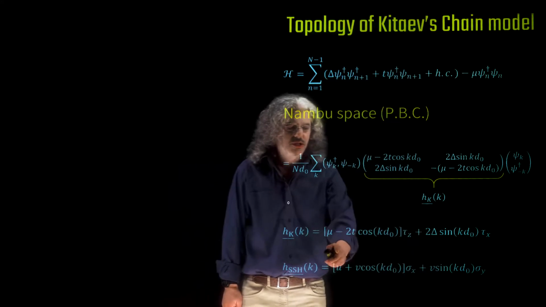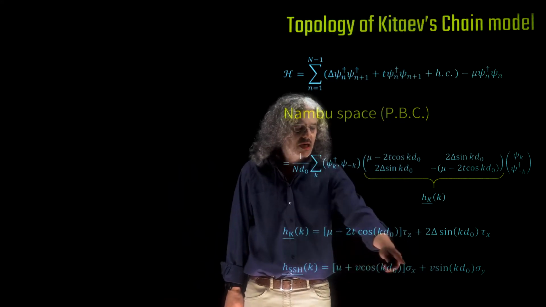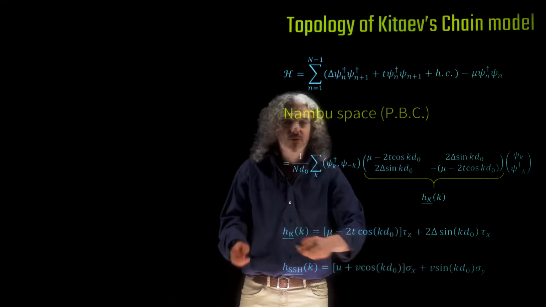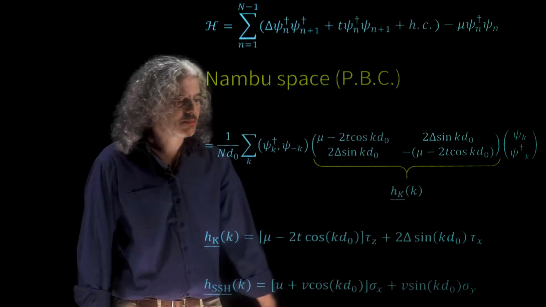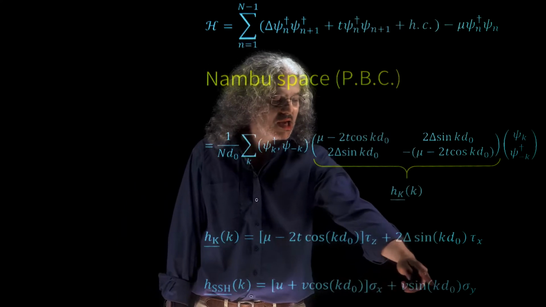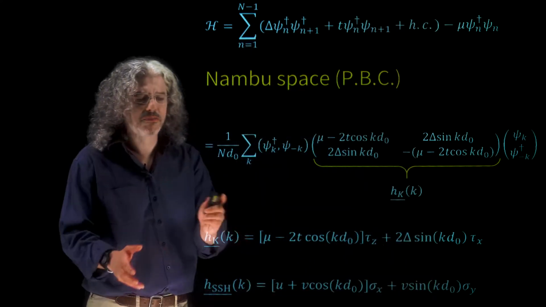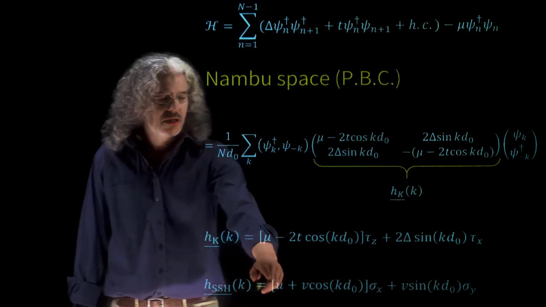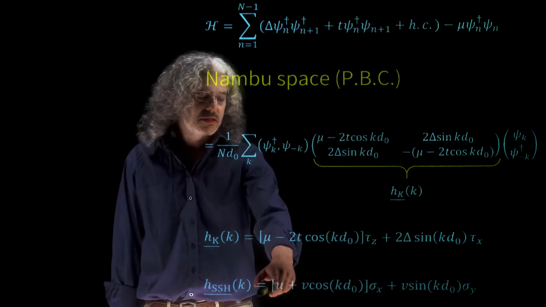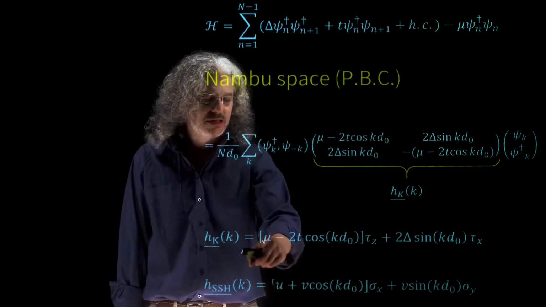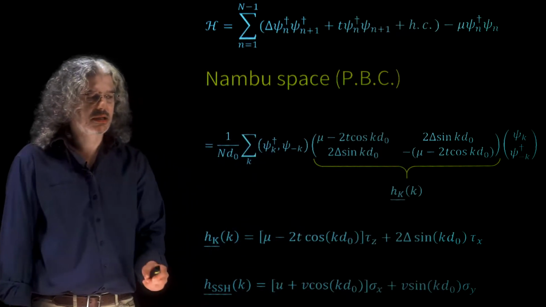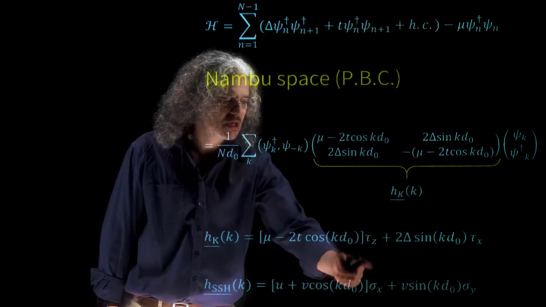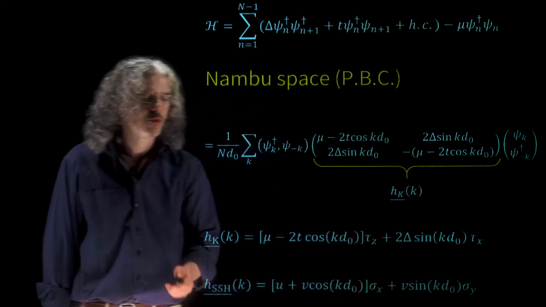It was u plus v cosine k d naught sigma x, where sigma was in the AB space, in the atomic space, plus v sine k d naught sigma y. So there are slightly different parameters here. Here mu is like u and t is like v in the SSH model. Mu and t are related somehow, but in principle they are very similar. This was multiplied by sigma x, this by tau z.